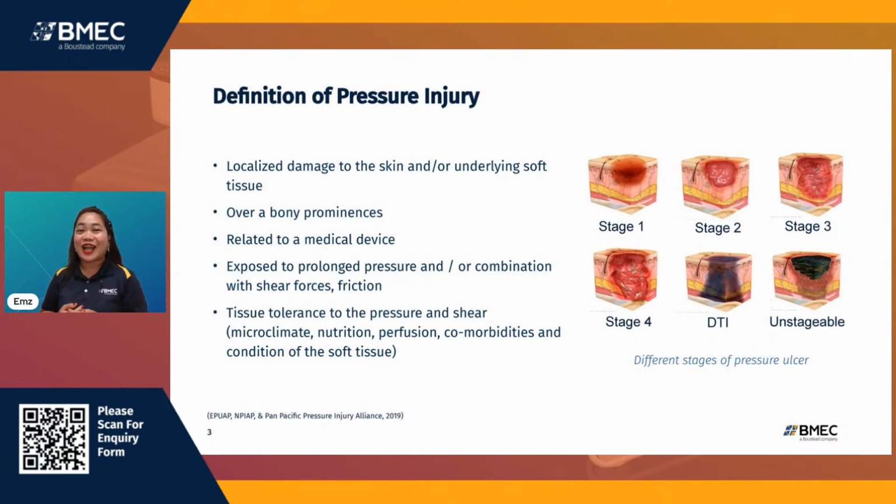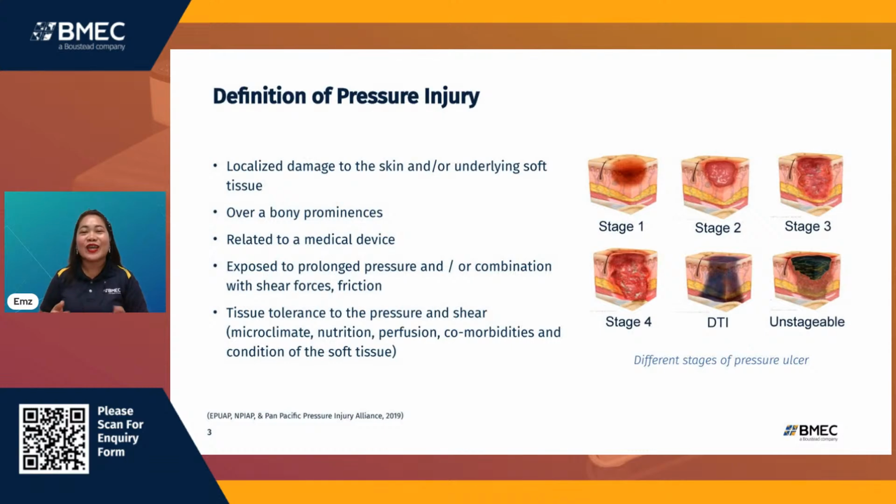If your patient is under NGT tube, if your patient is also under urine catheter and also nasal prong, it can also be pressure injury. And when there is a combination of shear forces and friction also. Remember that patients have different individual tolerance to microclimate and also nutrition and perfusion.